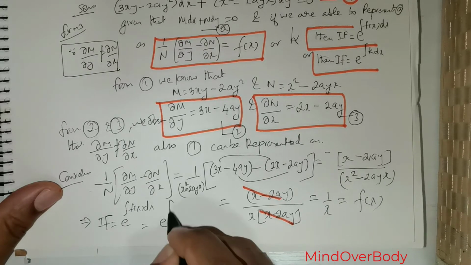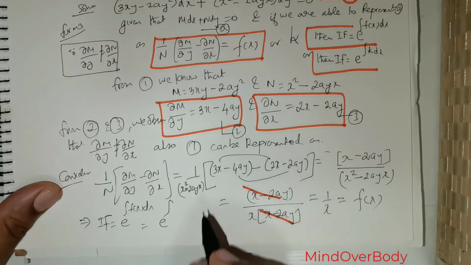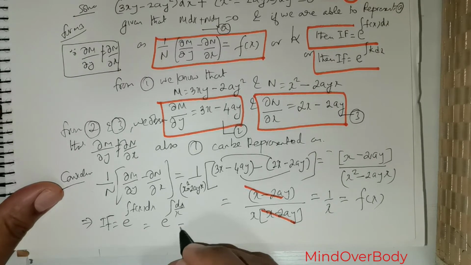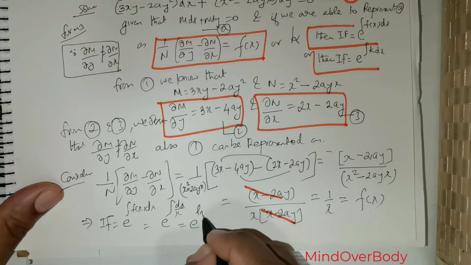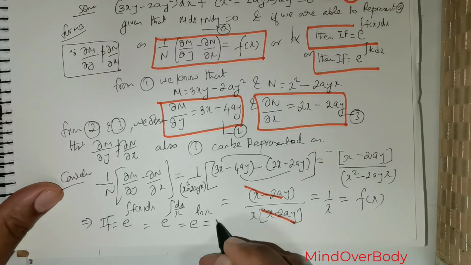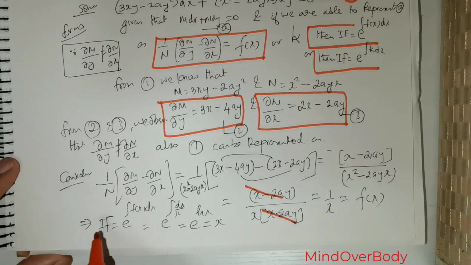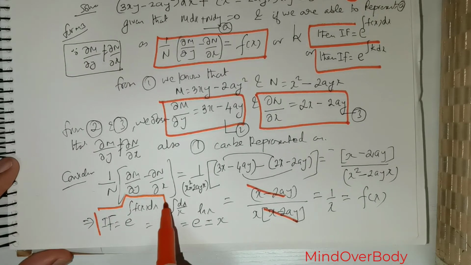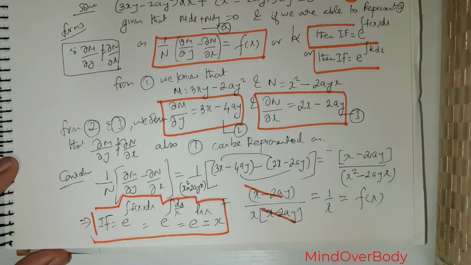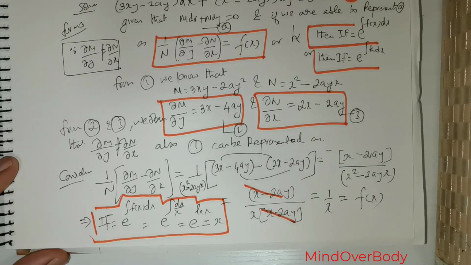In this case, it is e raised to the power of integral of dx over x, which is nothing but e raised to the power of ln x, and my e and ln can be cancelled, giving me x. So all these things is for your understanding. So we got the integrating factor. Now we can solve the question.